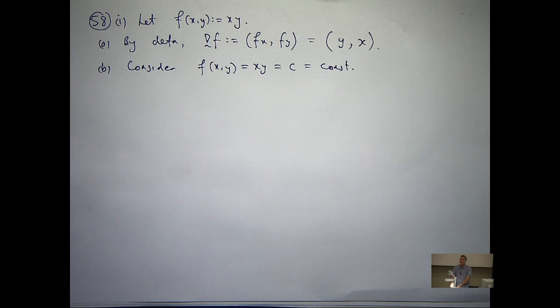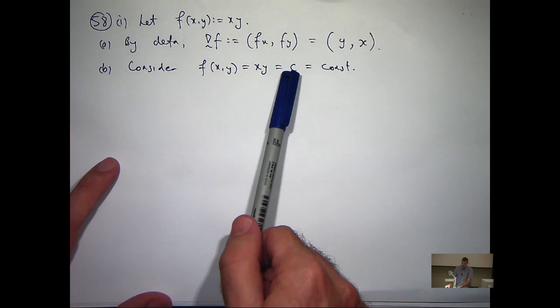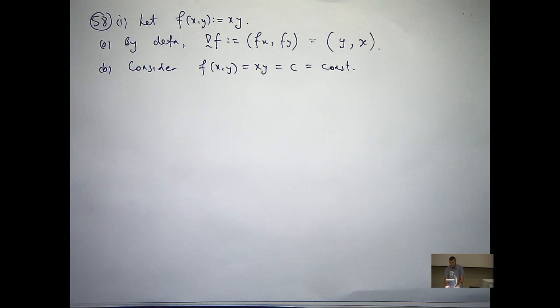Let's start off simply. If c is 0, what does that give you? Well, it gives you xy equals 0. So either x is 0 or y is 0. That means you're going to get the coordinate axes in the case c equals 0: x equals 0 or y equals 0.